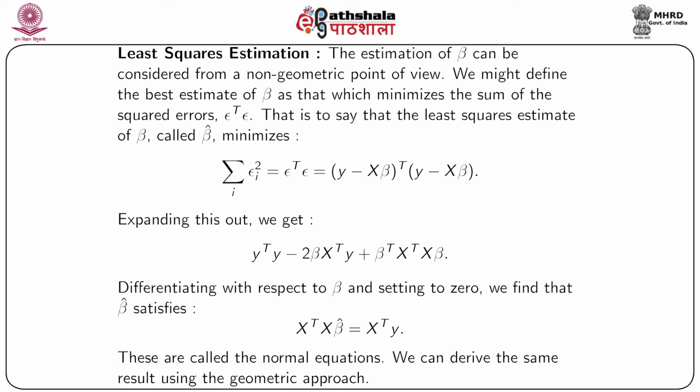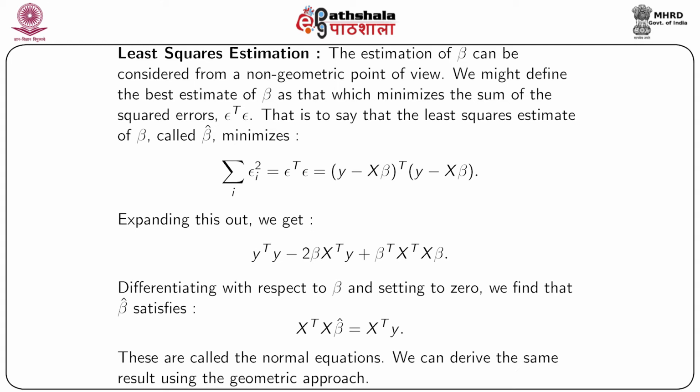Now if we expand the right hand side of this equation, we get y prime y minus 2 times beta prime x prime y plus beta prime x prime x beta. The general technique of minimizing the least square error is, by looking at the above expression, we differentiate it with respect to beta and then we set it to 0. This is a common practice when we find a minimum of any function.